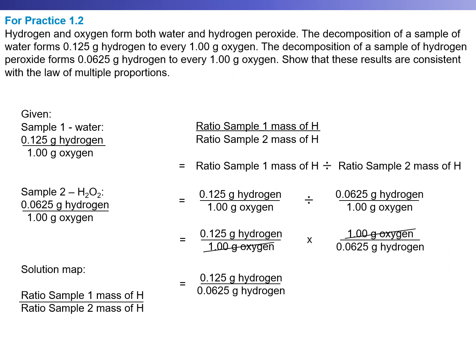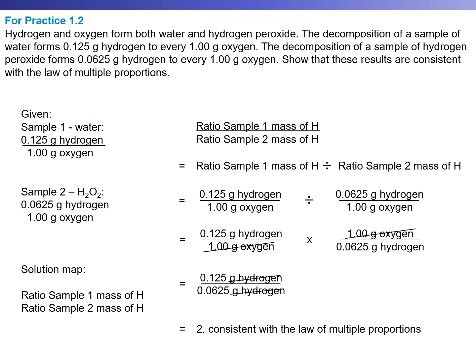We have grams of hydrogen in the top and the bottom, so we can get rid of that, which is good because what we're looking for is just a number. We don't want any units present because we're looking for a ratio. Ratios don't have any sort of a unit. So now we're left with 0.125 over 0.0625. If we divide 0.125 by 0.0625, we end up coming up with the whole number 2.